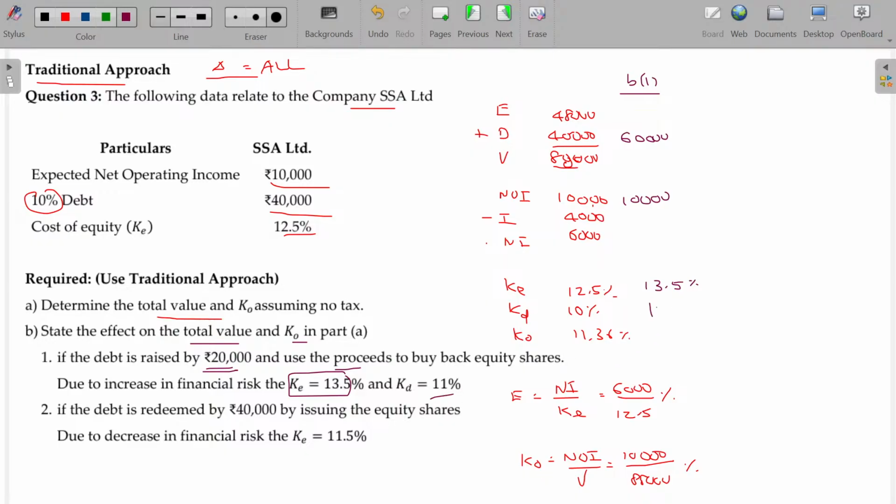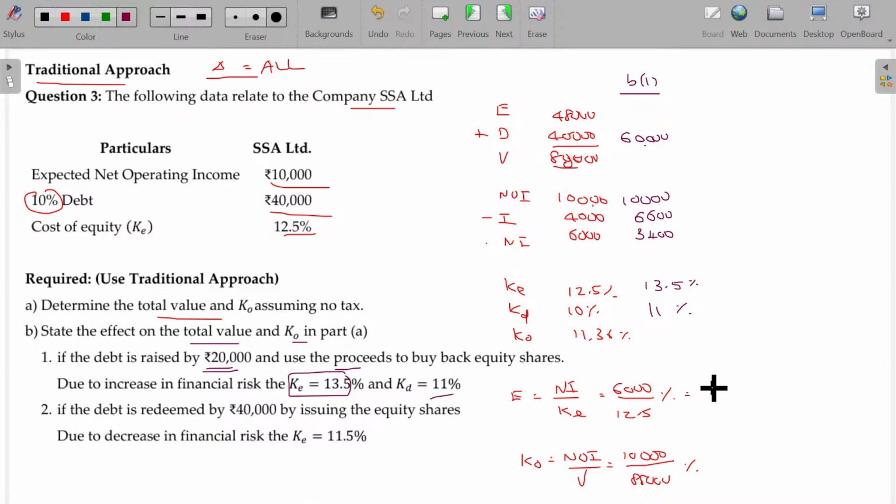KD is also changing. Everything will be changing. Why? We'll discuss all these things in the next class with a comparison. Now, just apply the numbers given here. 60,000 into 11% is 6,600. Am I right? Interest. And net income being 3,400.